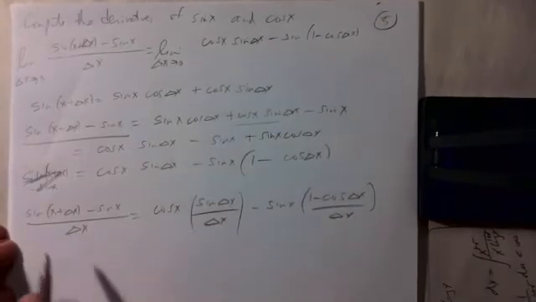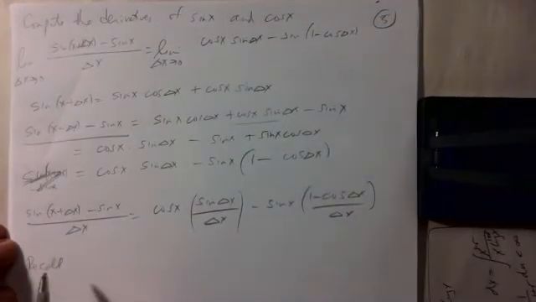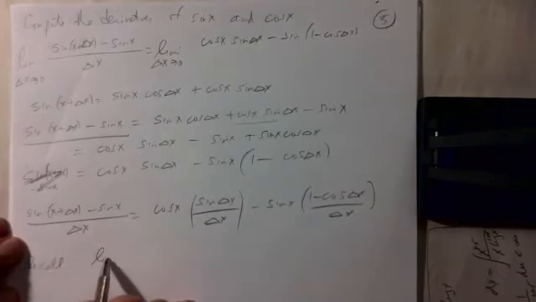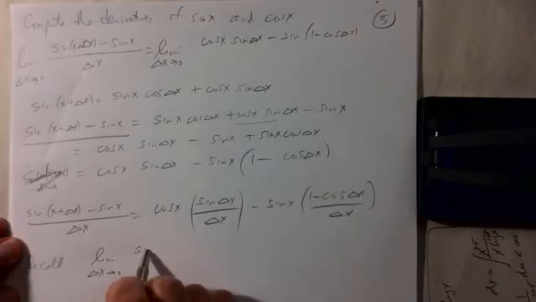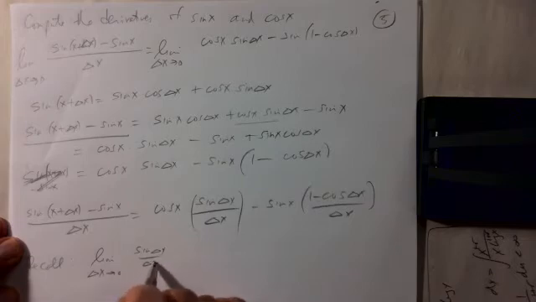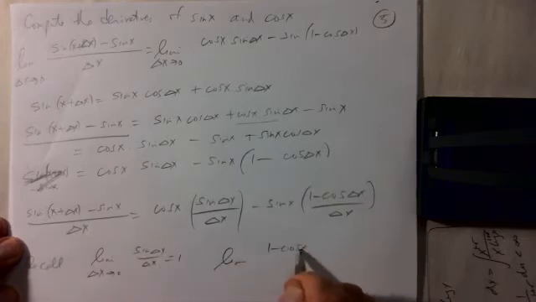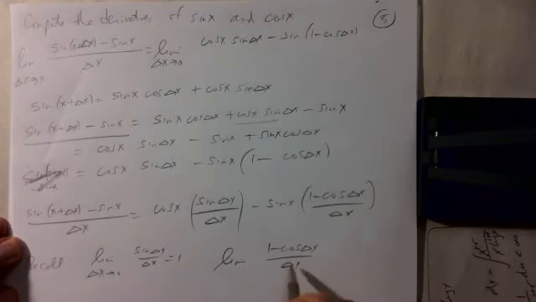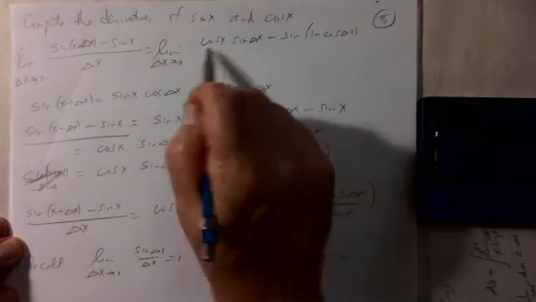And we recall the two basic trigonometric limits. The limit as delta x goes to 0 of sine delta x over delta x is 1, and the limit of 1 minus cosine delta x over delta x as delta x goes to 0 is 0.